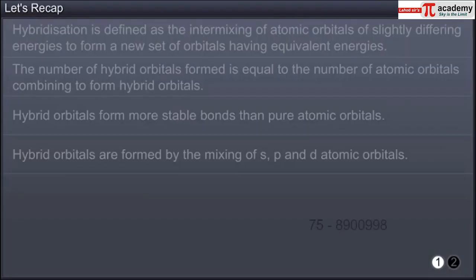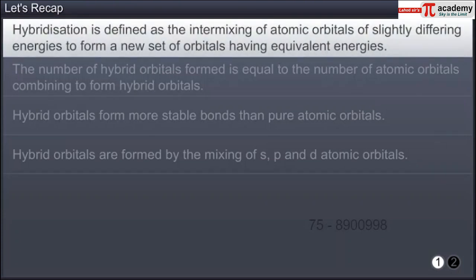You have now reached the end of this module. In this module, you learned that hybridization is defined as the intermixing of atomic orbitals of slightly differing energies to form a new set of orbitals having equivalent energies.